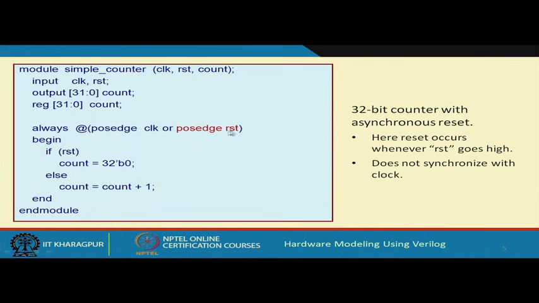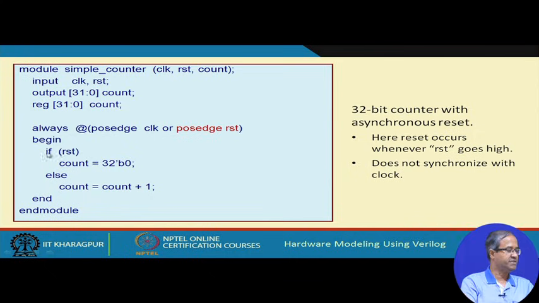So, if the reset signal goes from 0 to 1, that will also cause the begin end to execute, and it will see that reset has become 1, and immediately reset the count to 0. So, this is an example of asynchronous reset, which means resetting is not happening in synchronism with the clock. Okay. So, you can have both these descriptions in Verilog as you want.